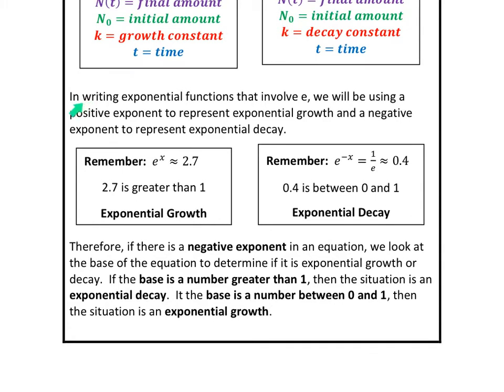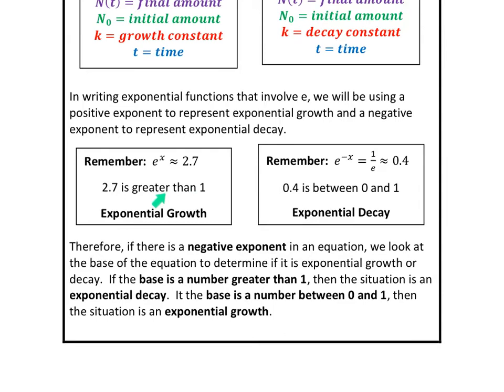And continuing on here, it says, in writing exponential functions that involve e, we will be using a positive exponent to represent exponential growth and a negative exponent to represent exponential decay. Okay, so here we see that this exponent of x is positive, so it represents exponential growth, but also notice that the base, which in this case is e, is approximately equal to 2.7, which is greater than 1.